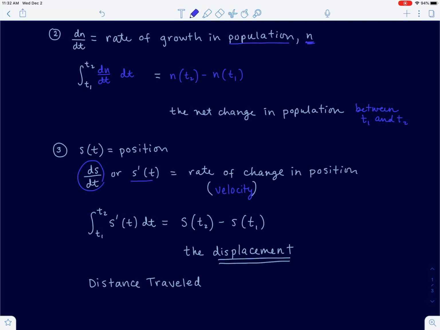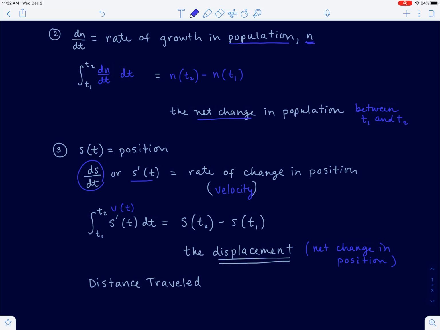So when we take the integral from t1 to t2 of s prime of t dt, which again is velocity, we evaluate the position at the last endpoint and then subtract the position at the first endpoint, and we get the displacement. Again, we could use this language, the net change in position, when we take the integral of the velocity.